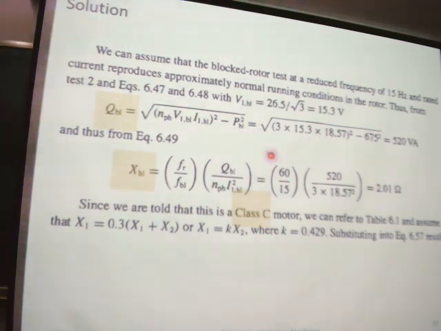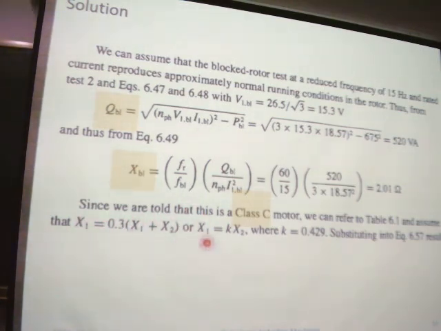So it's easy to calculate, and also the blocked impedance. The blocked impedance is the sum of x1 and x2.